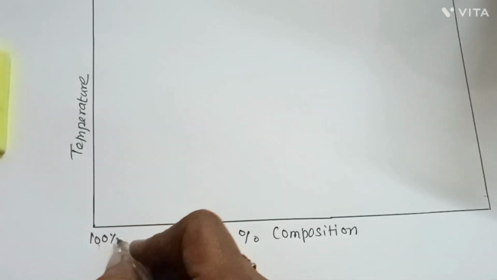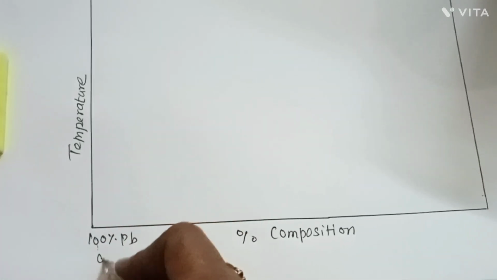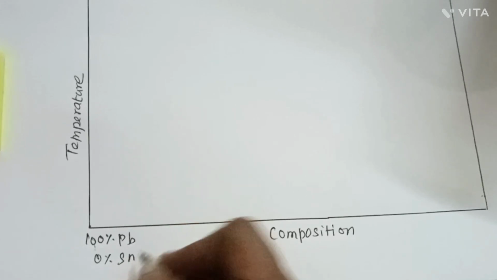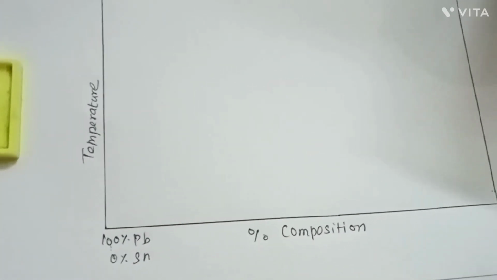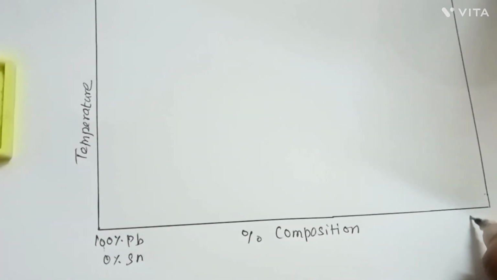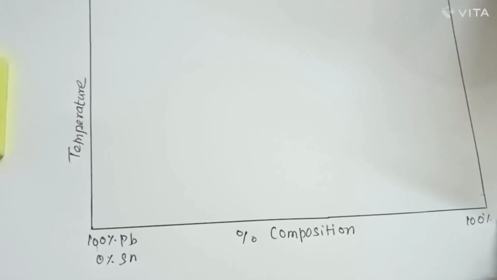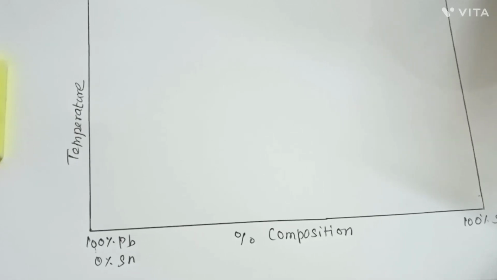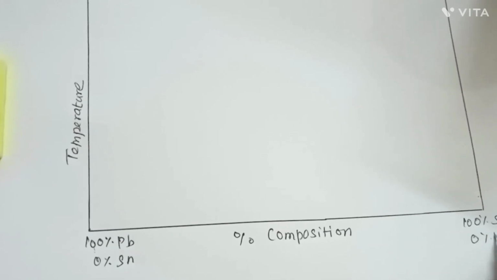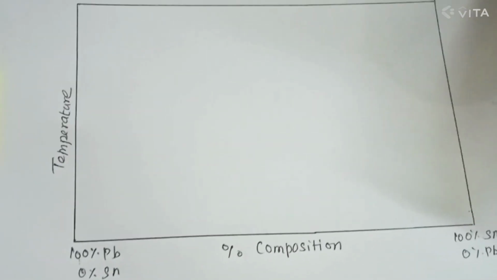On the extreme left-hand side we should mark 100% lead, 0% tin, and on the extreme right-hand side mark 100% tin and 0% lead.